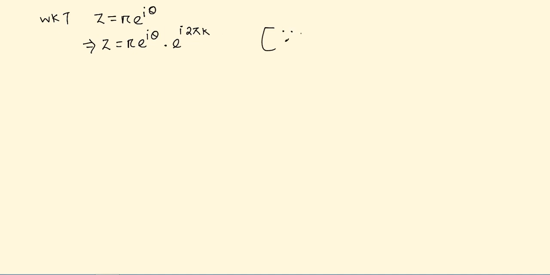Since e to the power i 2 pi k equal to 1, so this is equal to r e to the power i theta plus 2 pi k. This is the value of z.